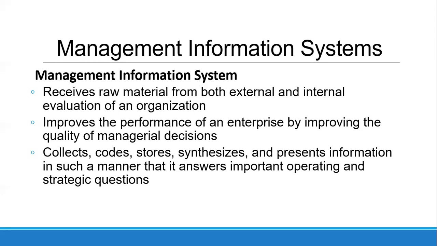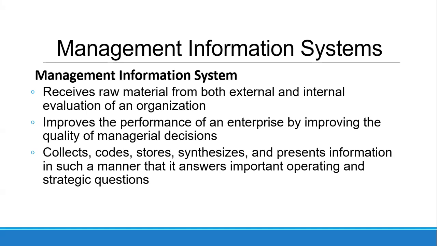And when those key stakeholders are at the verge of making some decisions, they rely on the information that has been inputted into it in order to make quality decisions.